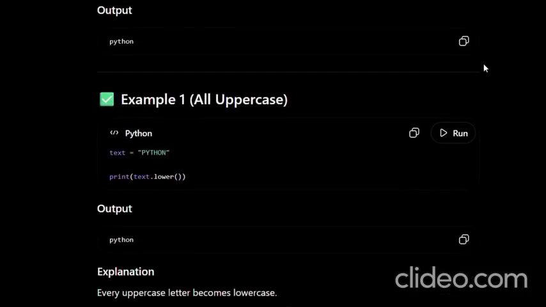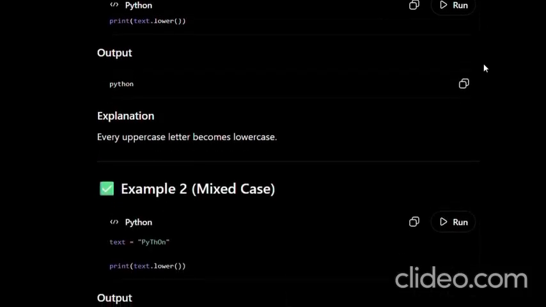Example number one is given here, in which all the letters are in uppercase. If we use text dot lower here, it will print python in lowercase. Every uppercase letter becomes lowercase.